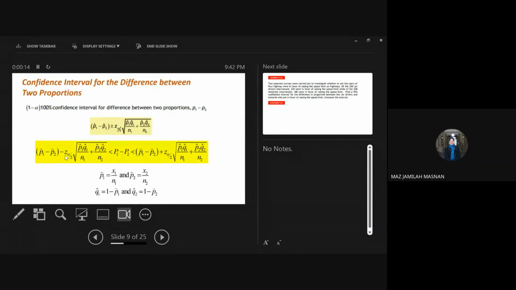Because usually the sample sizes involved for proportion are always greater than 30. That's why most of the time you are using the Z critical value.